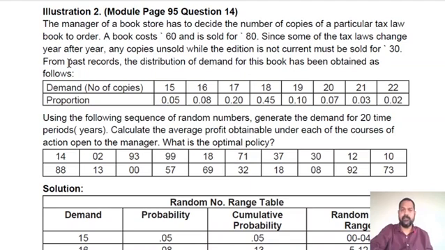Yes. Since some of the tax laws change every year, any copies unsold while the edition is current must be sold for rupees 30. Okay, so let me understand this.